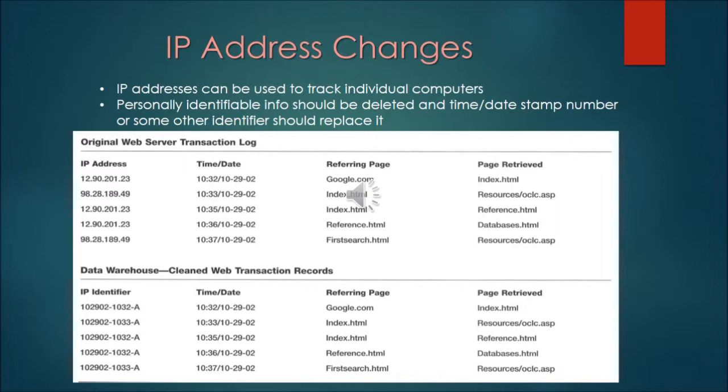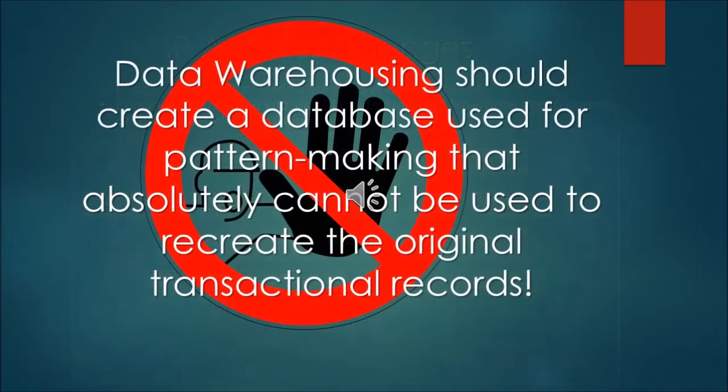And usually a time date stamp is put in place so you can still have an identifier for each piece of information. Data warehousing should create a database used for pattern making that absolutely cannot be used to recreate the original transactional records.